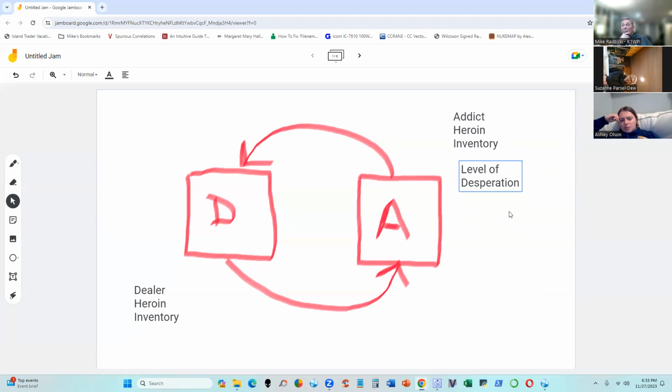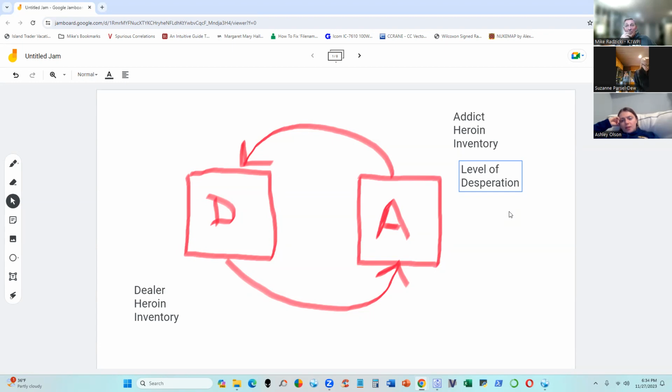A profitable way to think about what variables would be important residing in either of these sectors is to always refer back to the problem statement. The problem statement was, in some sense, in the title of the article, right? When heroin supply is cut, crime rate goes up. So we have heroin supply. When heroin supply is cut, how does it get cut?